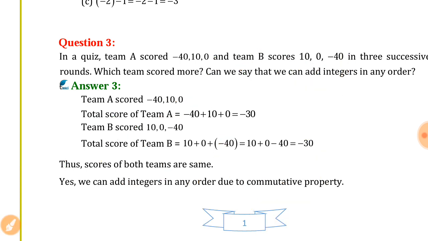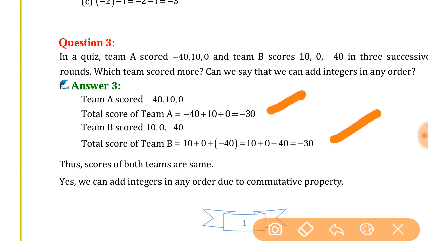By this addition this is also minus 30, and this is also minus 30. Both integers are the same. If one is positive and one is negative, we choose the sign of the bigger number. So both scores are minus 30, which means the scores of both teams are the same here.